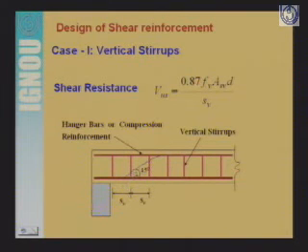This you see here in blue, you see here the tensile crack that is developed across the depth of the beam, and for the case here you see that this crack is developed at an inclination of 45 degree, and this is the spacing which is kept uniform as SV, is spacing for the vertical stirrups. So for such case, shear resistance we can calculate from this formula.